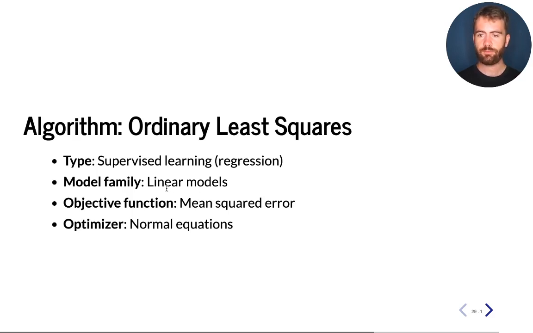It finds parameters within the set of linear models, and it chooses parameters which minimize the mean squared error. And it does so by using the solution to the normal equations to obtain the parameters which optimize this mean squared error. So the optimizer here is a solver for the normal equations.